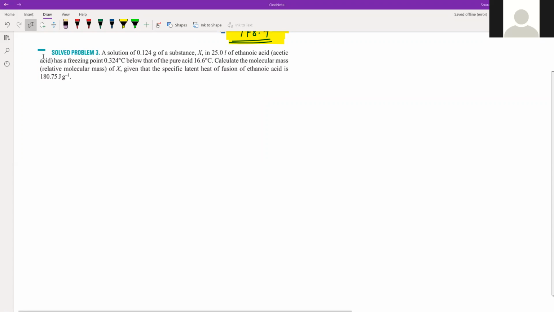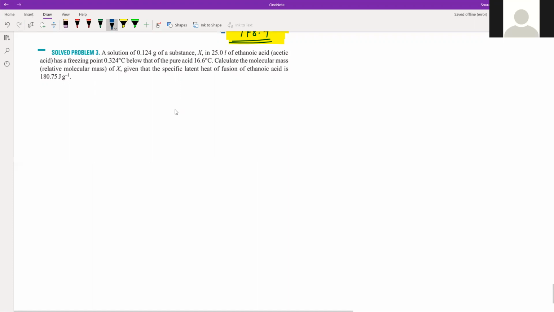Ethanoic acid is actually acetic acid and has a freezing point 0.324 degrees Celsius below that of the pure acid. And the pure acid's freezing point is also given, that is 16.6 degrees.